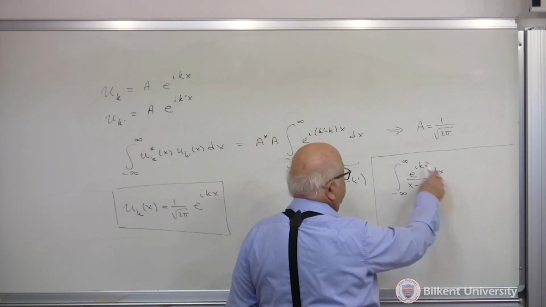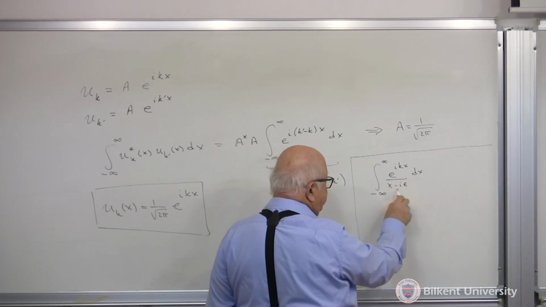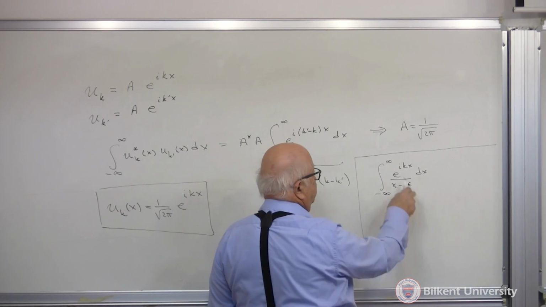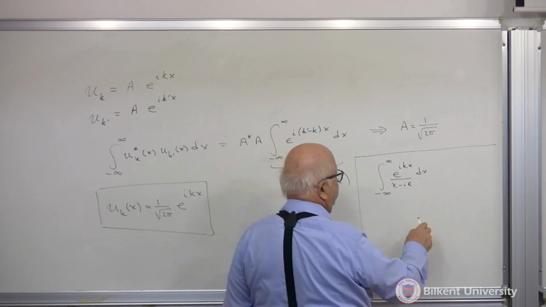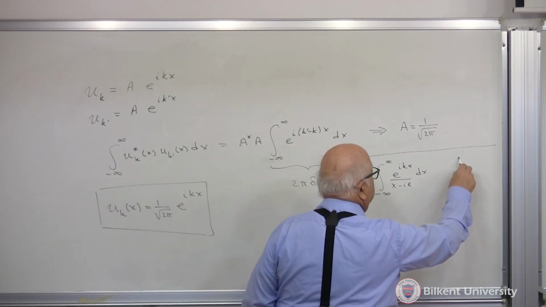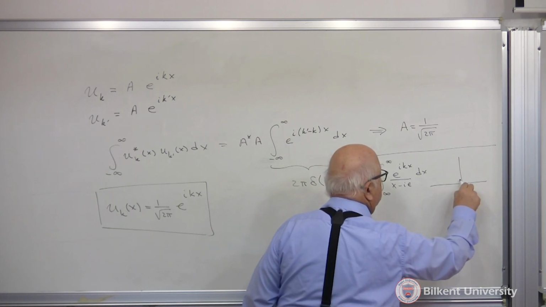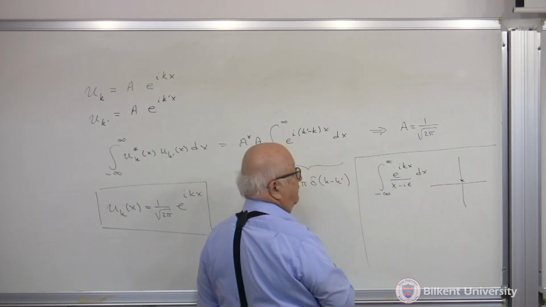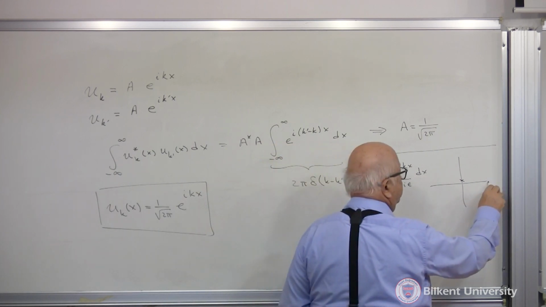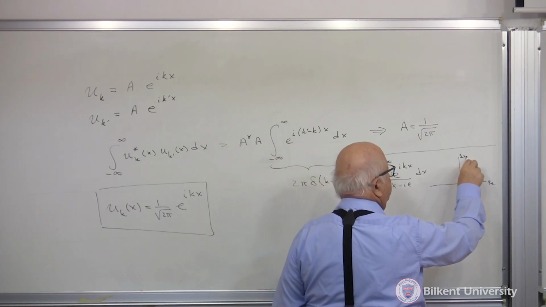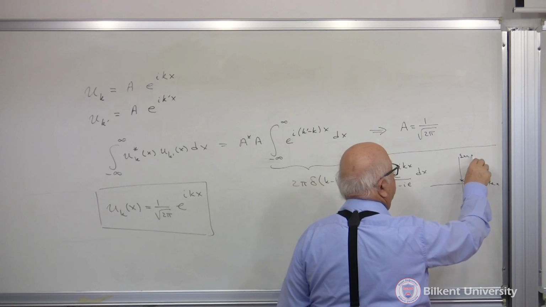So this is a nice analytic function, except that it has been divided by this factor here, so it has a pole. You have something like this. This is the real axis. This is the imaginary x-axis.